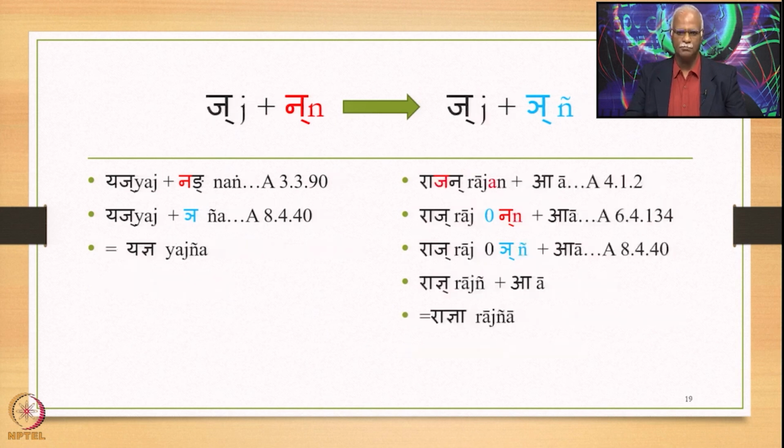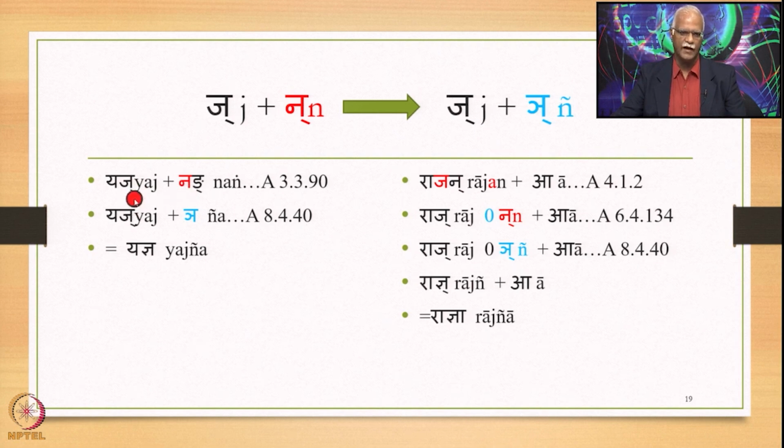Now let us look at the examples where we have j plus n as the input, 8440 stoshchunaschchuhu applies, and j plus y is the returned output. So once again we have the verbal root yaj, to which is added the suffix nang by 3390, and now this n comes into close contact with j, which is stu. Now remember there is no correspondence between the nimitta and the sthani.